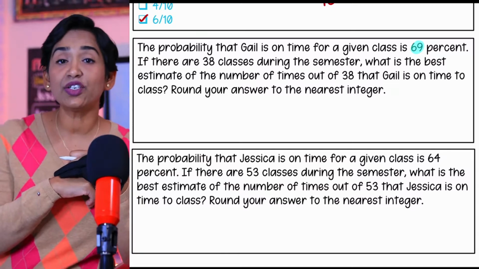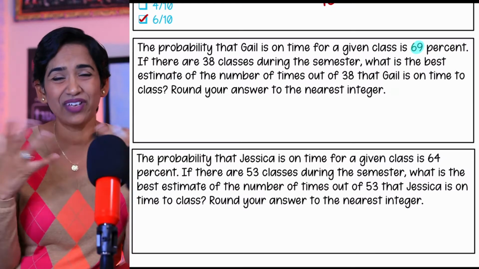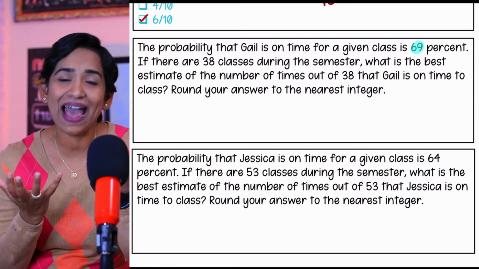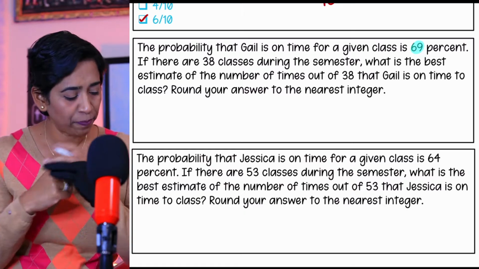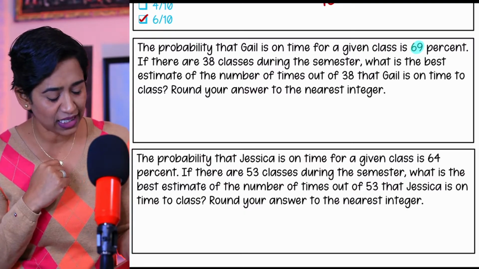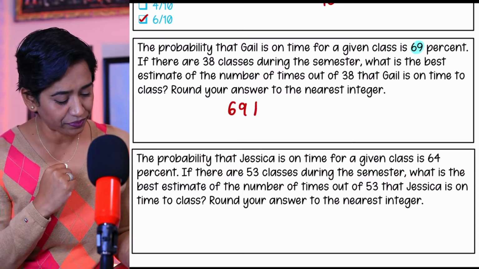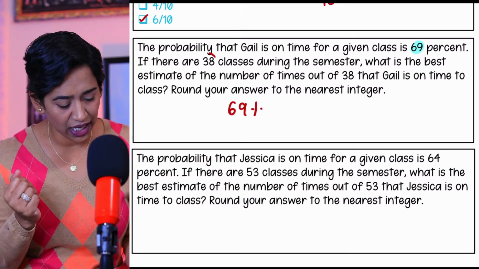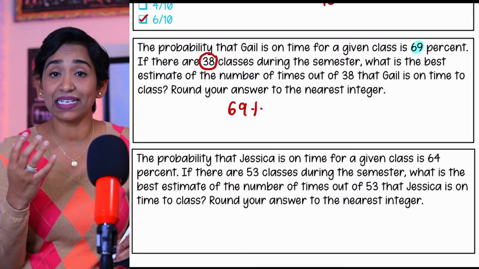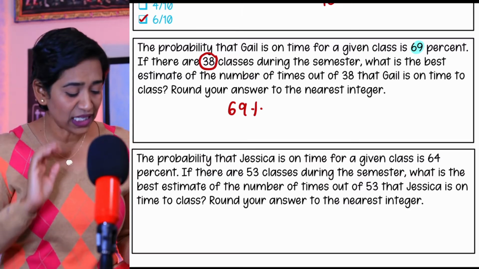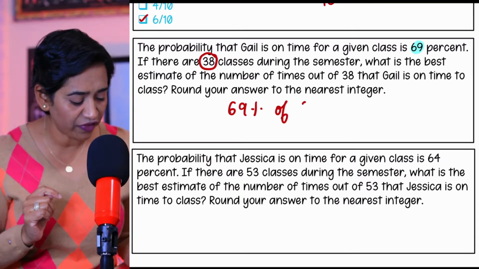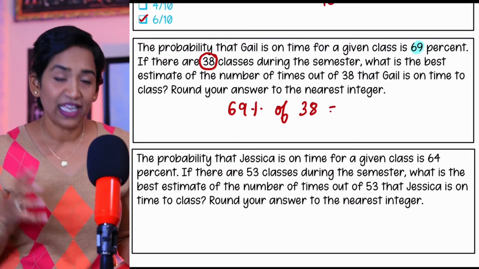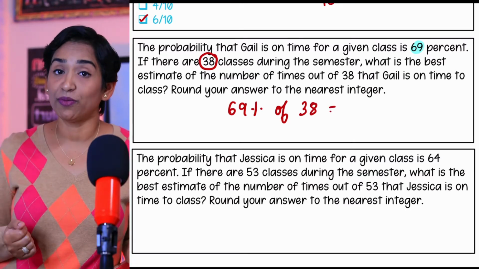Round your answer to the nearest integer because we can't say she comes to class 12 and a half times, right? That's not possible. So 69% of 38 is the number of times she comes to class on time.